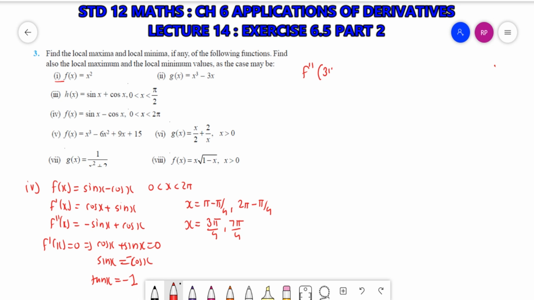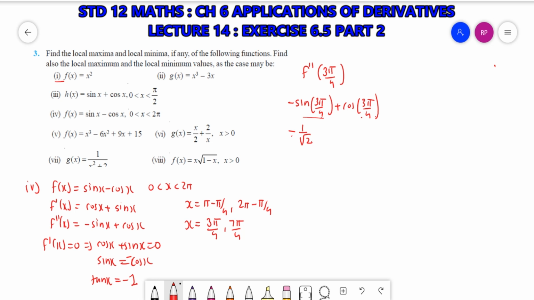F double dash 3 pi by 4. So this will be minus sin 3 pi by 4 plus cos 3 pi by 4. The value of sin 3 pi by 4, again I can use pi minus pi by 4. So pi by 4, it's 1 by root 2, and in the second quadrant sine is positive, so minus 1 by root 2, minus sine as it is.